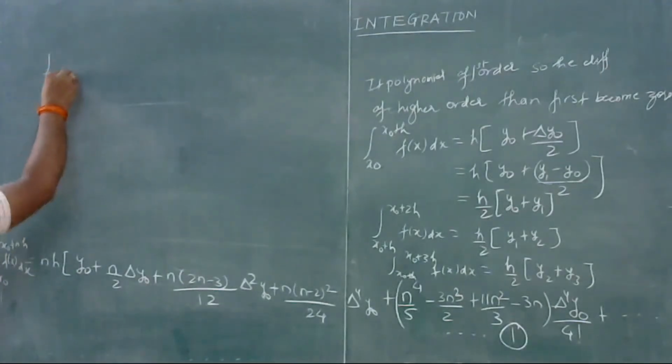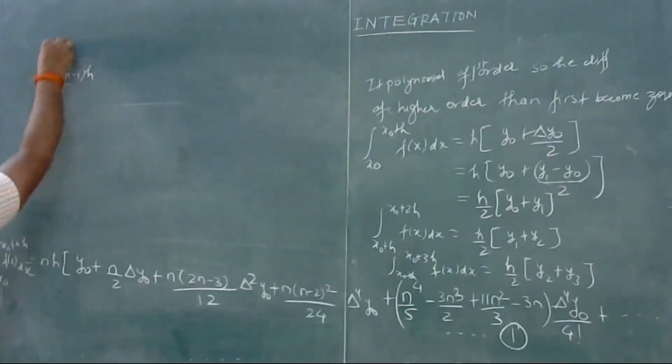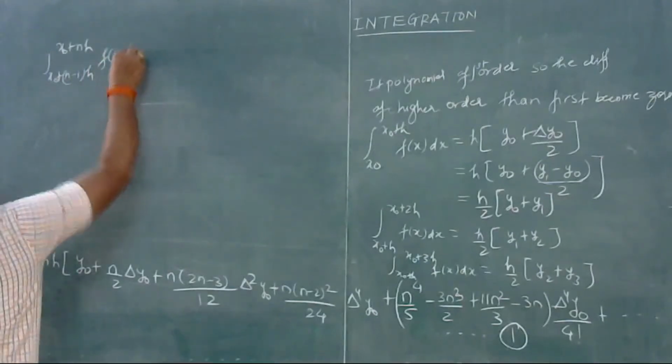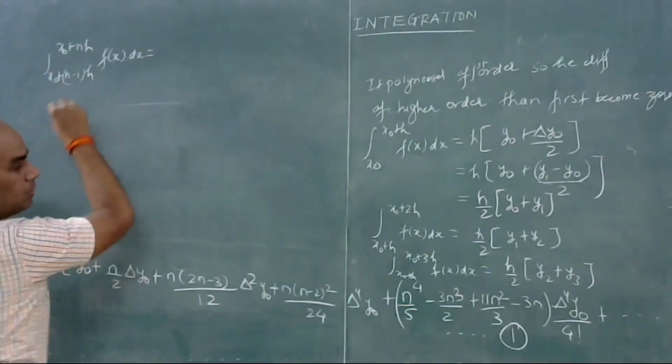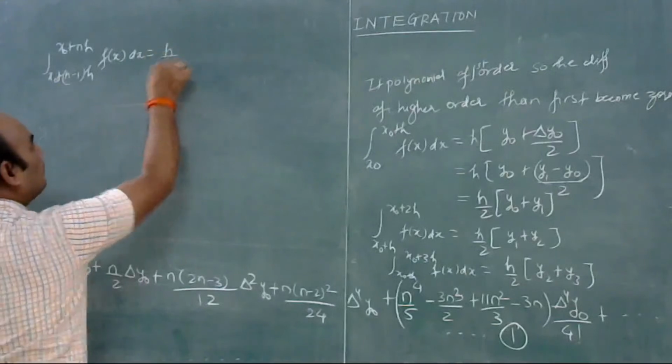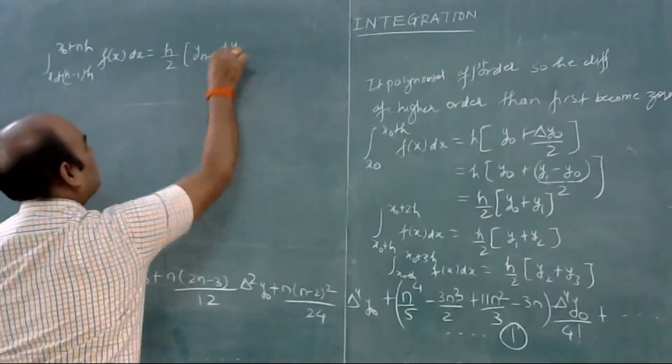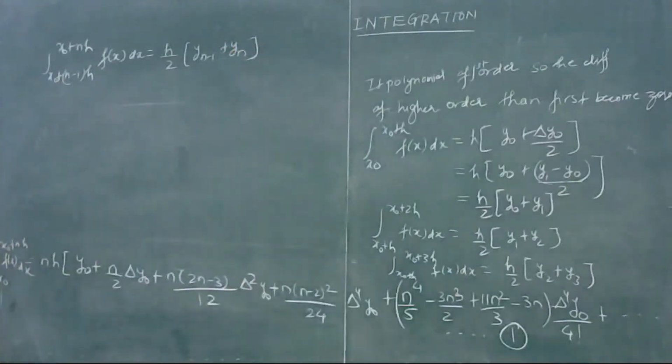From x0 plus (n minus 1) h to x0 plus n h, the integral of f of x dx will be equal to h by 2 times (y n minus 1 plus y n). Okay.